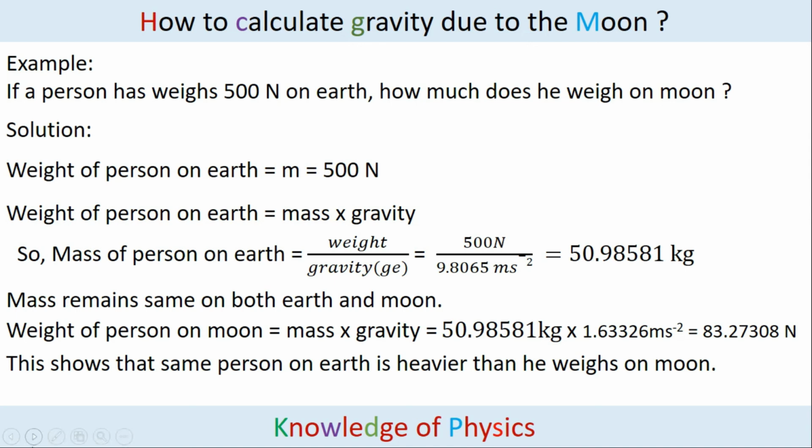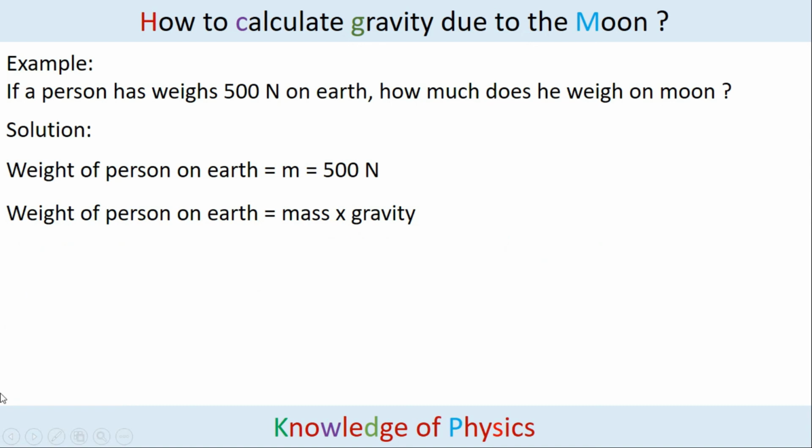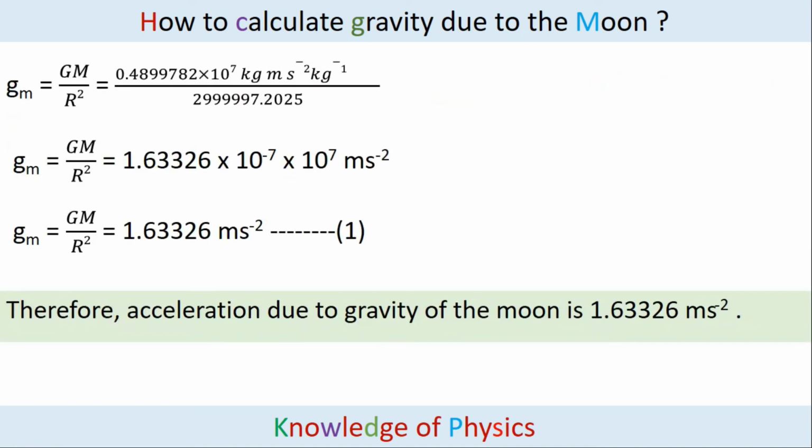Here I have considered the radius because this value is the gravitational effect of the moon on a body placed on the surface of the moon. So that's why I have taken the radius of the moon, which means the distance from the surface of the moon to its center. So this is the gravity due to the moon at its surface.